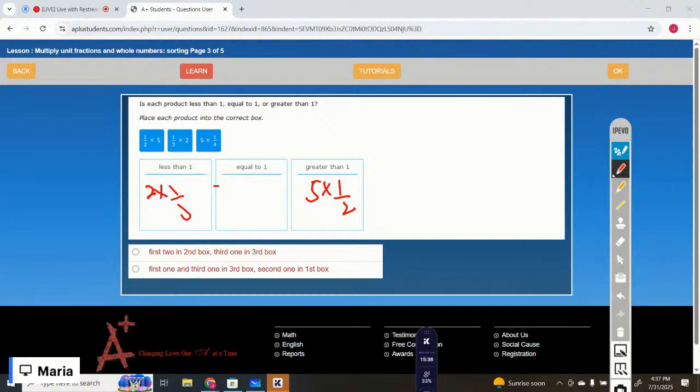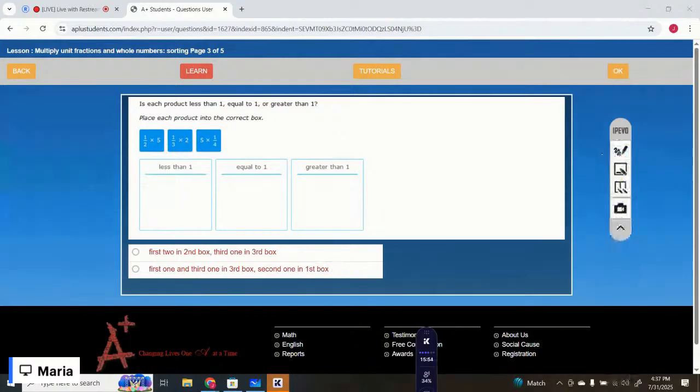And 5 times 1 by 4 is also greater than 1. When the numerator is greater than the denominator, then for sure that is greater than 1. So the first and third one in the third box, option number 2 is the correct option.